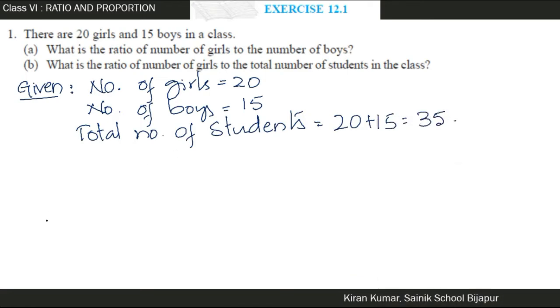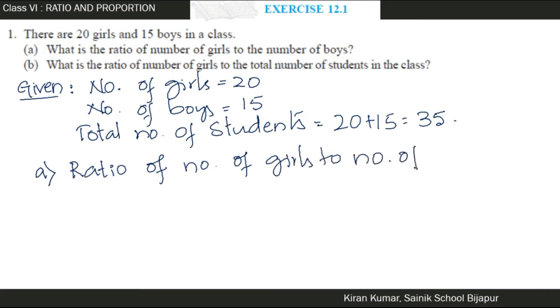So with this information, we can easily find the ratio. In the first one, they have asked the ratio of the number of girls to the number of boys. This will be equal to 20 upon 15. We can further simplify: 5 4 times, 5 3 times. So the ratio is 4:3 or 4/3.